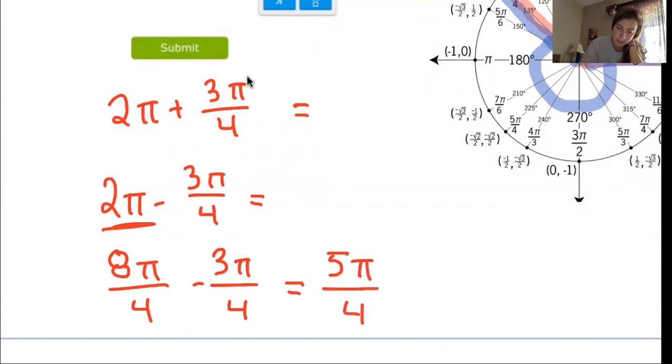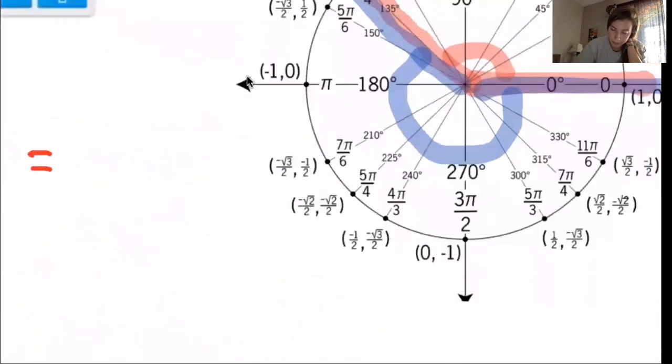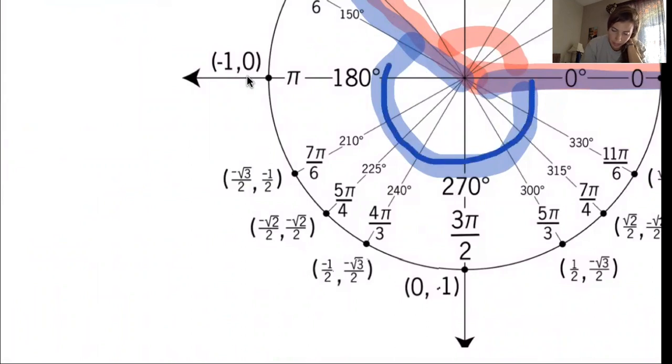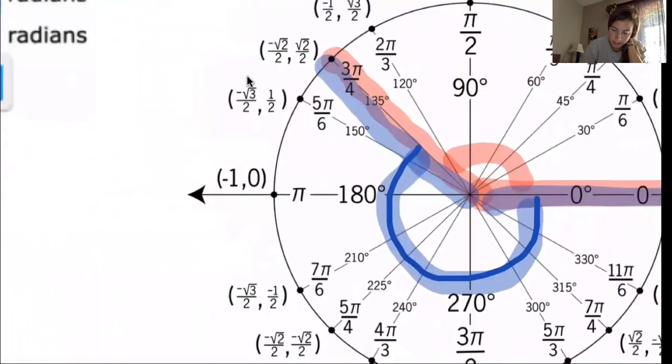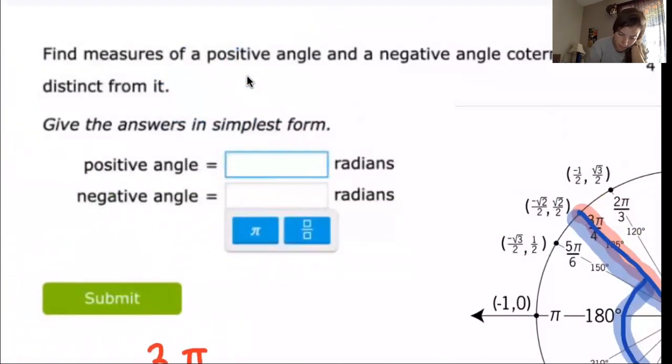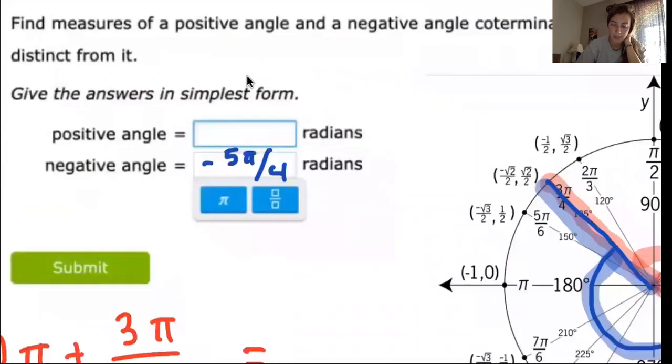So that means I have to go negative 5 pi over 4 radians around in blue to get to this angle right there. That's how to express it negatively: negative 5 pi over 4 radians.